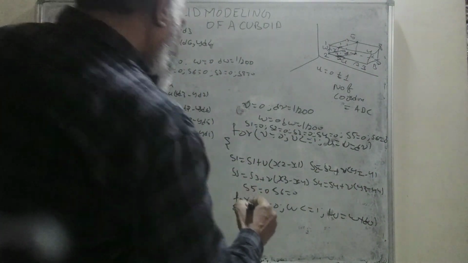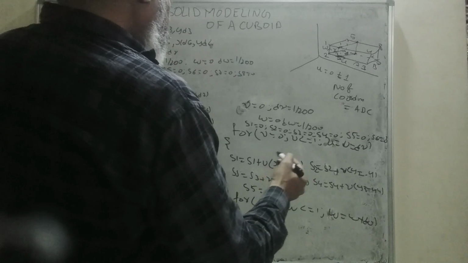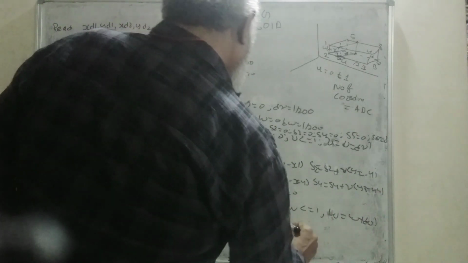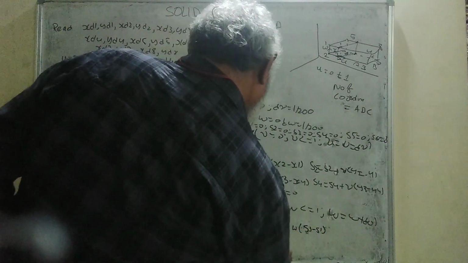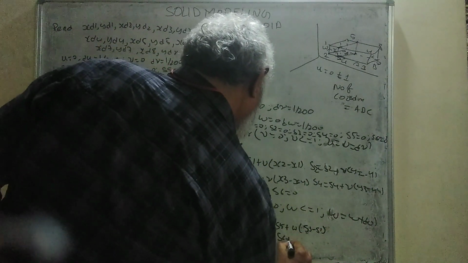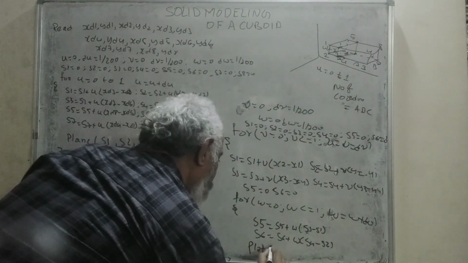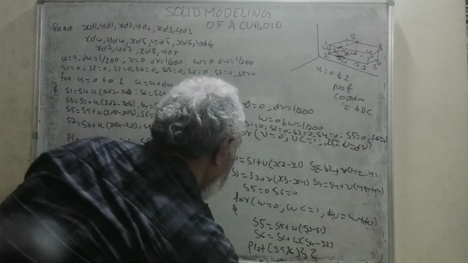And in this, S5 is equal to, now one point here, another point here, so S5 plus w into S3 minus S1. S6 is equal to S6 plus w into S4 minus S2. And plot S5, S6. This is one loop and this is another.